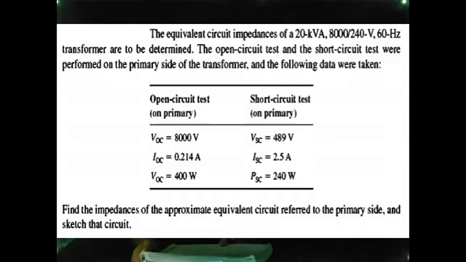In the open circuit test, the rated voltage was 8000 volts. The current flowing at the time of the open circuit test is 0.214 amperes, and power is 400 watts.